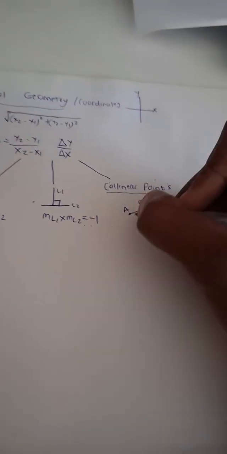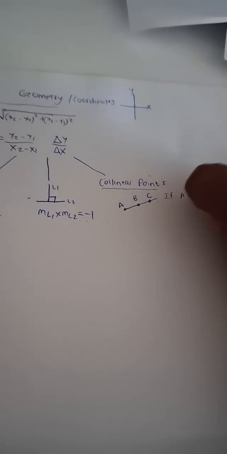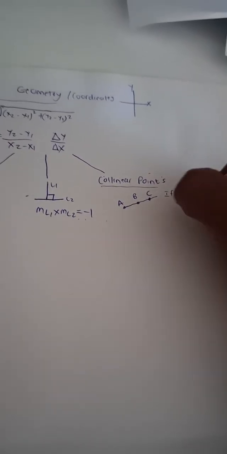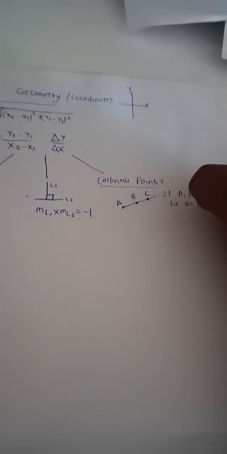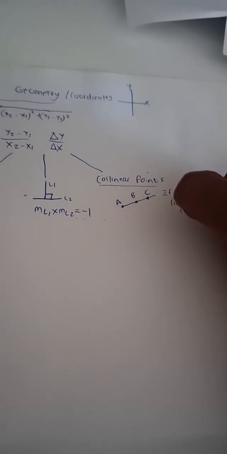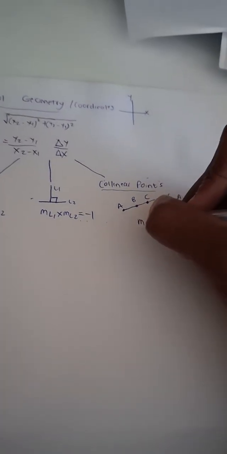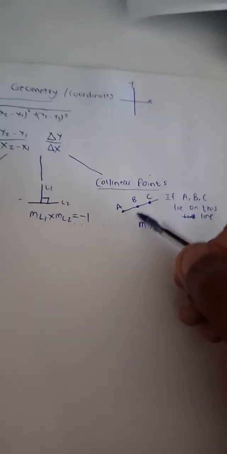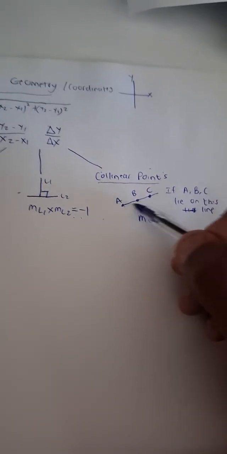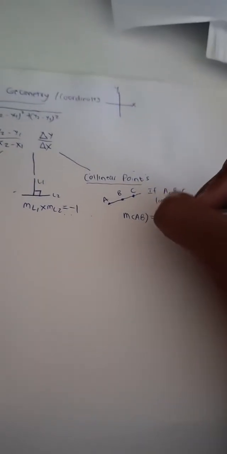So in other words, for collinear points, if A, B, and C lie on this line, then we know the following: the gradient of AB, so from A to B, is equal to the gradient of BC.